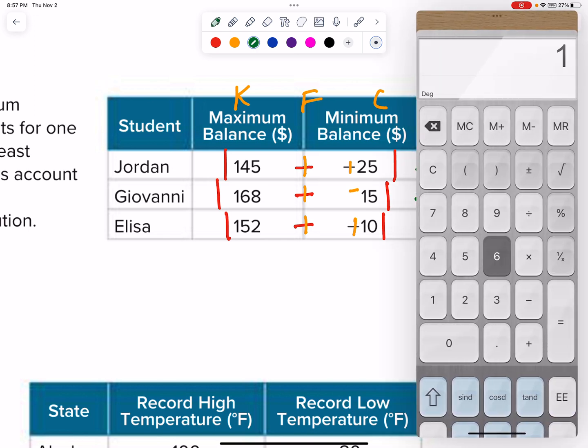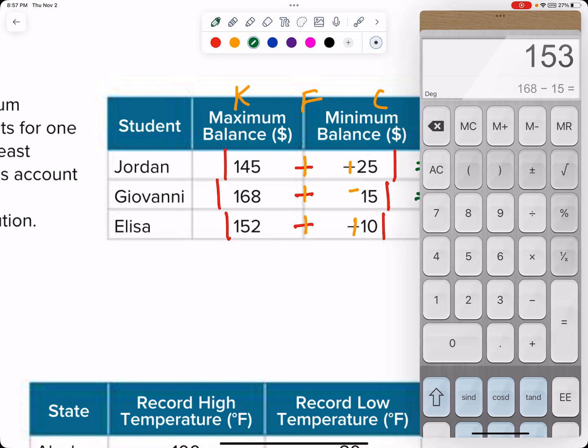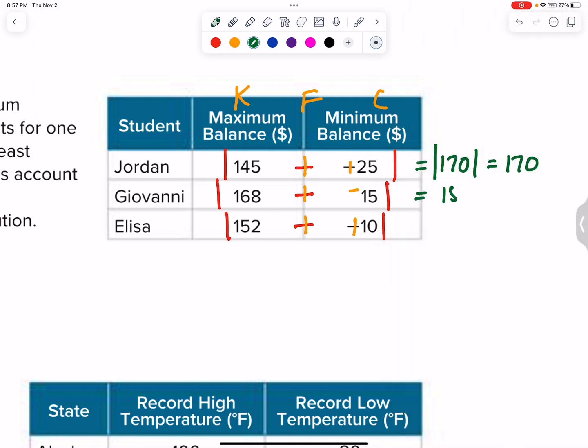So we have 168 minus 15. Keep the sign of the bigger digit. We're at 153. The bigger is positive, which is still absolute value. How far away are you from 0? Still 153. All right, and then the last one, we have 152 plus a positive 10. Same signs, add and keep. So it's 162, absolute value, still 162.